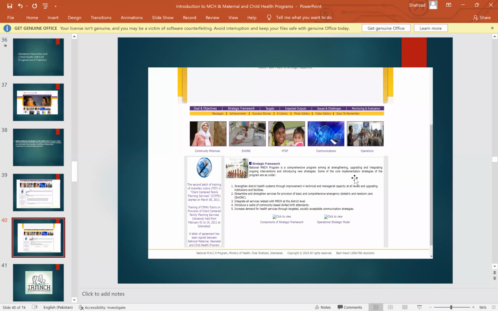Some of the core implementation strategies of the program are strengthening the district health system through improvement in technical and managerial capacities at all levels and upgrading institutions and facilities; streamline and strengthen provision of basic and comprehensive emergency obstetric and newborn care, which is called EmONC; integrate all services related to MNCH at district level; introduce a cadre for community-based skilled birth attendants; and increase demand for health services through targeted, socially acceptable communication strategies.